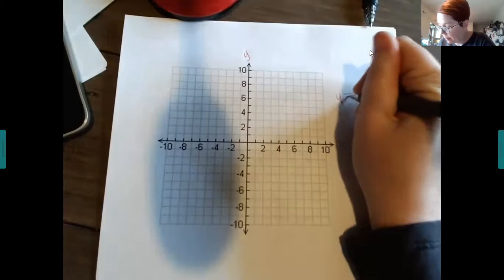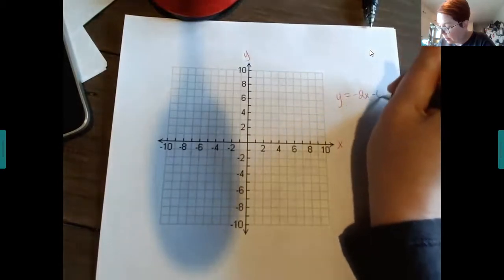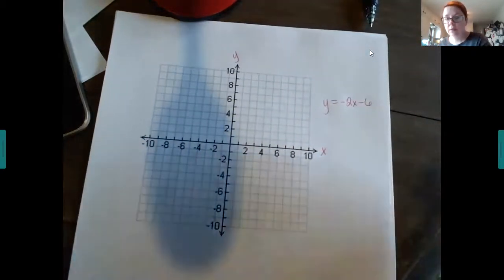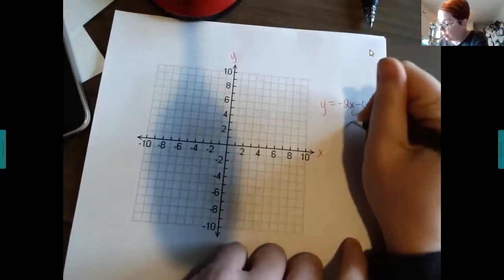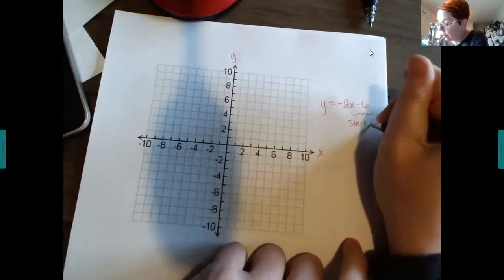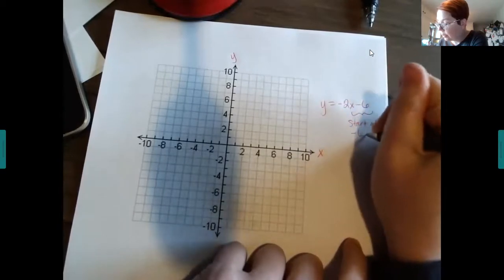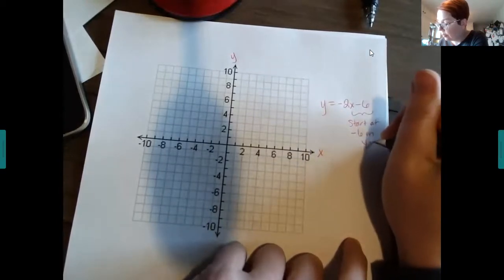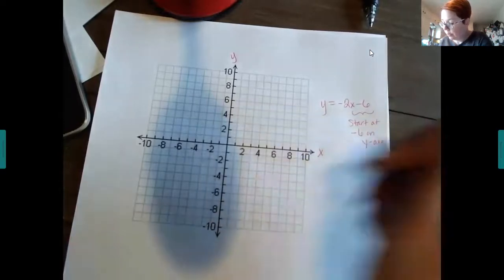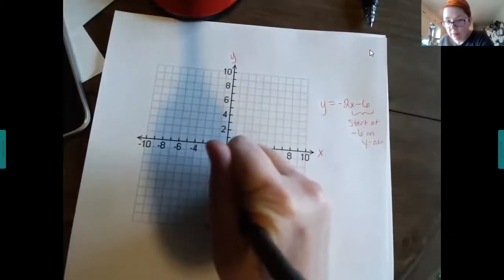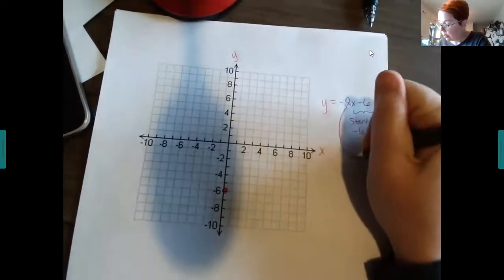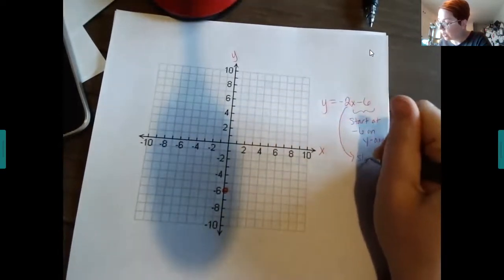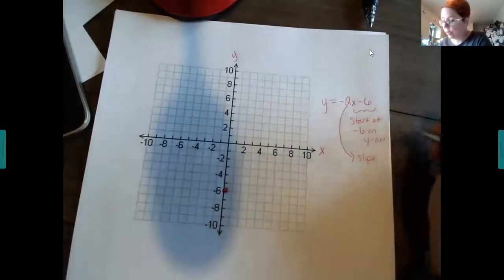So what does that tell us? It tells us that we're going to start at -6 on the y-axis, so we make a point there. Then this number right here, that's our slope. That tells us how to get to the next point.